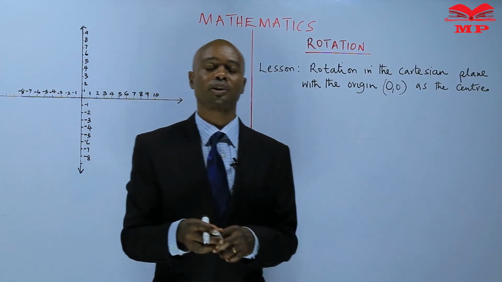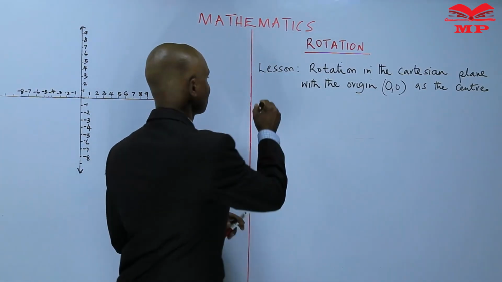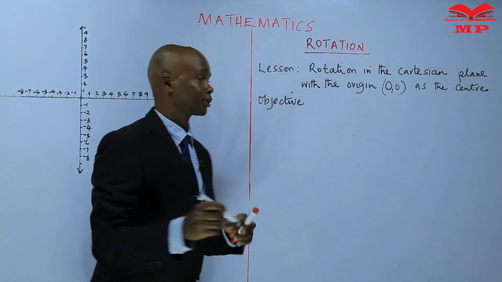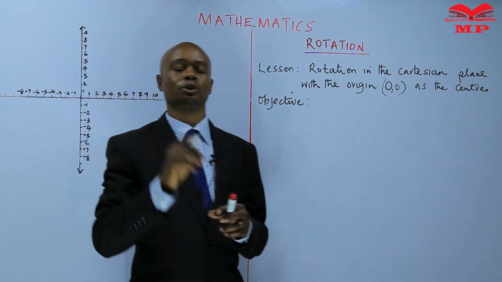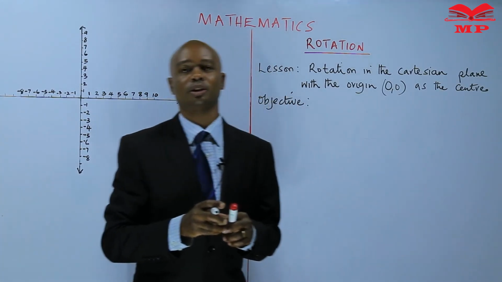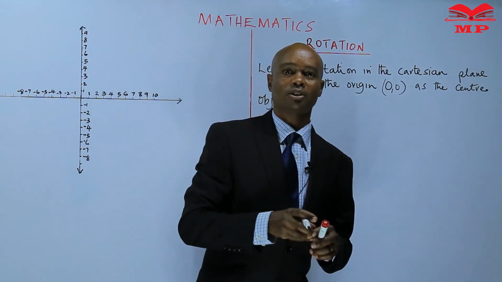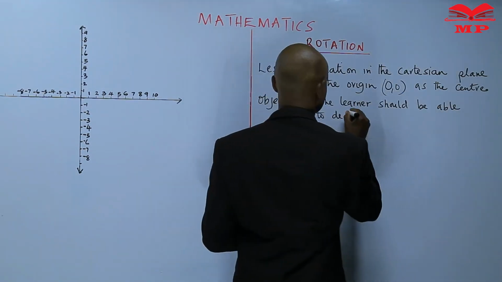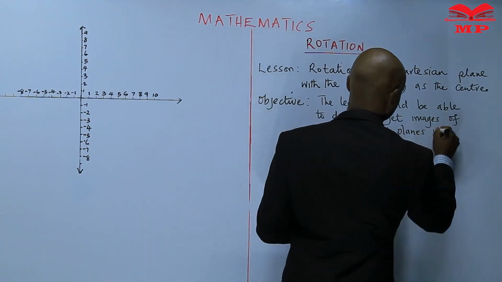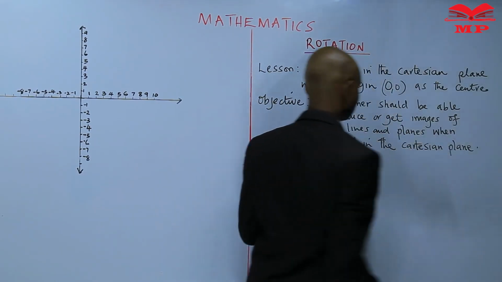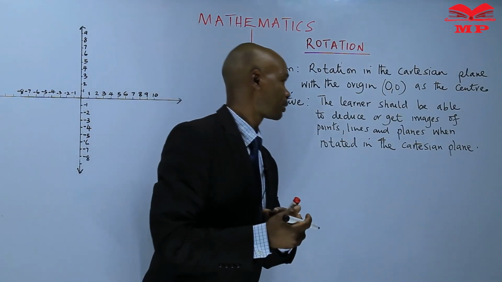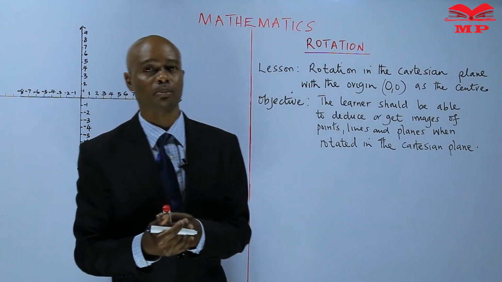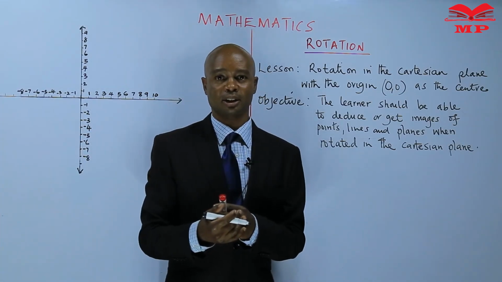As usual, there is an objective. At the end of this lesson, the learner should be able to deduce or get the images of points, lines, and planes when rotated in the Cartesian plane.